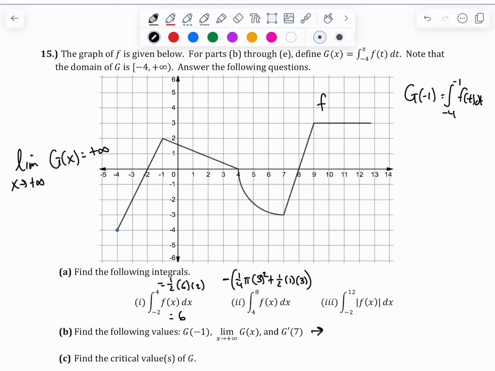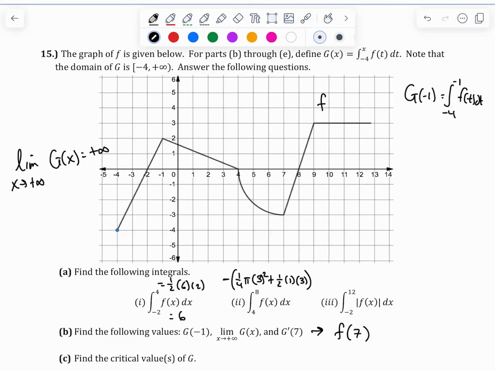But what do we know about the connection between the area function and the function itself? What is an integral? It's an antiderivative. So if you take an antiderivative and take the derivative of that, you get back to the original function. So g prime is just f of 7 because f is the derivative of g.